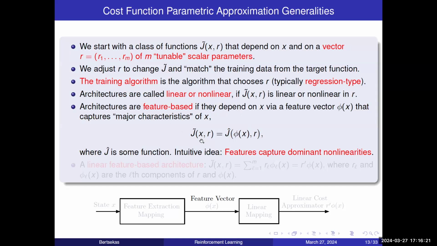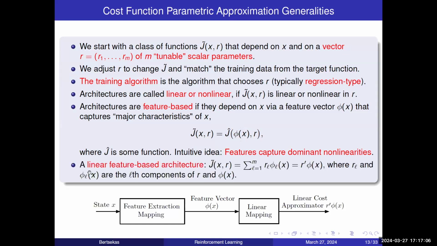More specifically, if the cost function approximation, J tilde of X, depends on X indirectly through some feature vector phi of X, then it's called feature-based, where J hat is some other function. The intuitive idea here is that if phi of X captures the most dominant nonlinearities, hopefully J hat can be a relatively simple function with respect to phi of X.